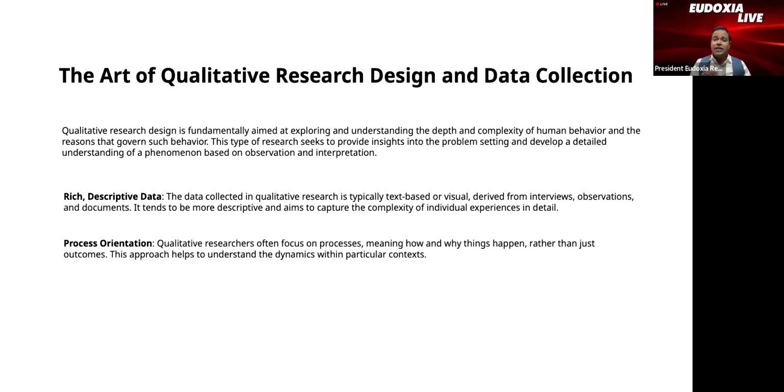So you have to focus on the process, that is, how it is happening. Why are these the phenomena we have found, why is it happening? You need not focus only on outcomes, saying this is the result. No, this is descriptive.